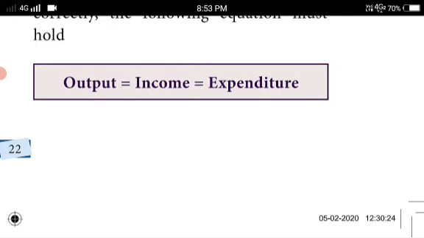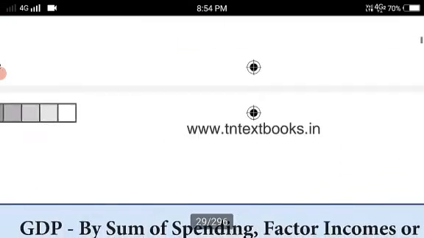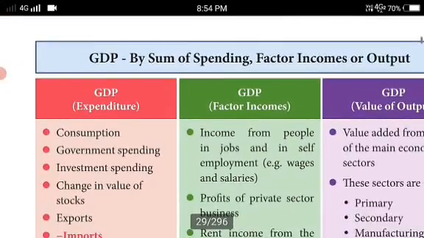And GDP equals the sum of spending, factor income or output. What are the spending and factor income or output? GDP expenditure, factor income and value of output. See here one table given.